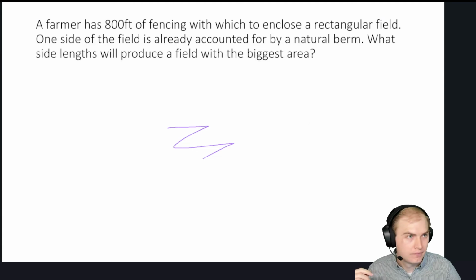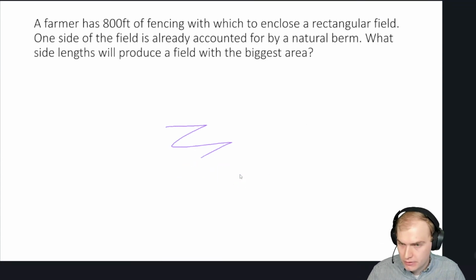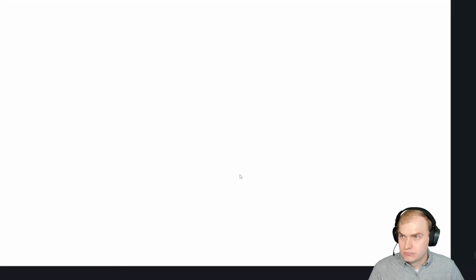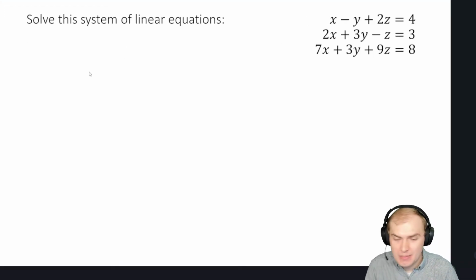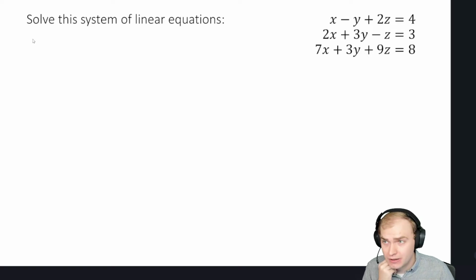There we go. We're back in action. So maybe the way you think to do this is to put this in an augmented matrix. And that's exactly what we are going to be doing.